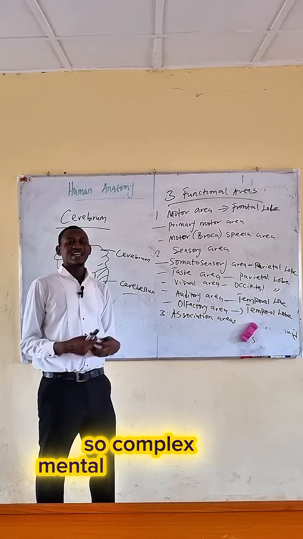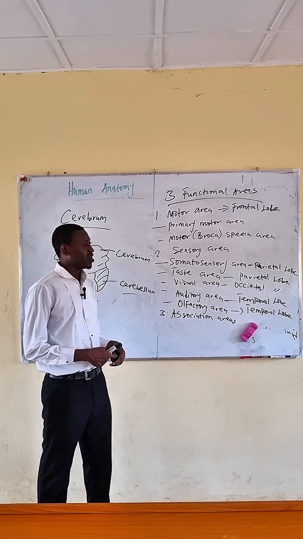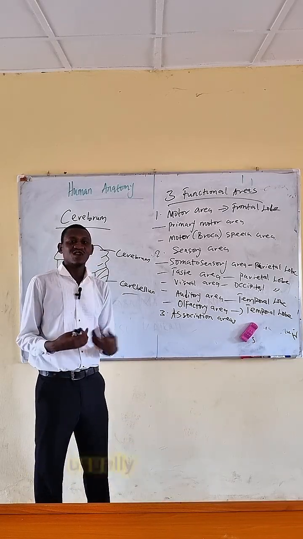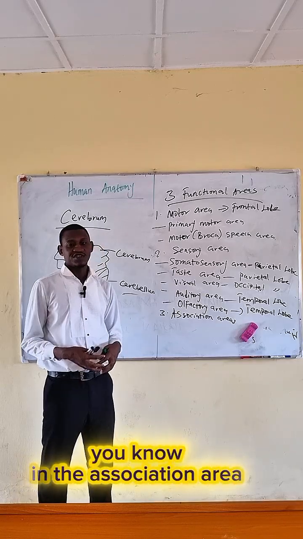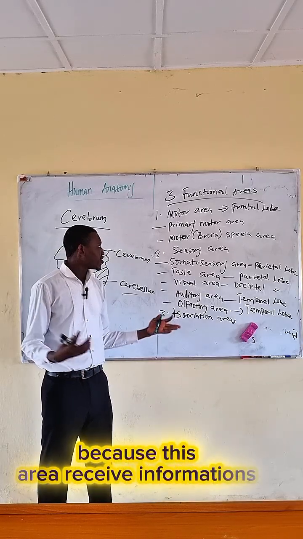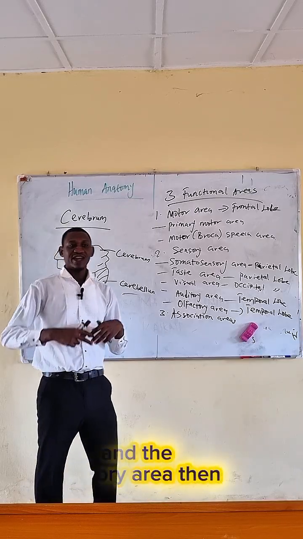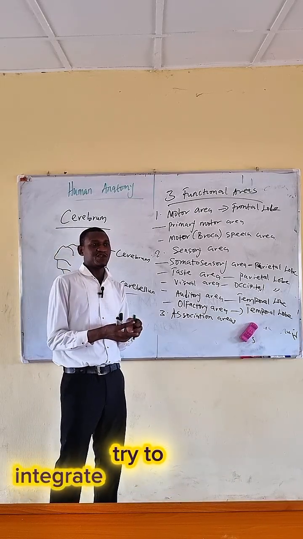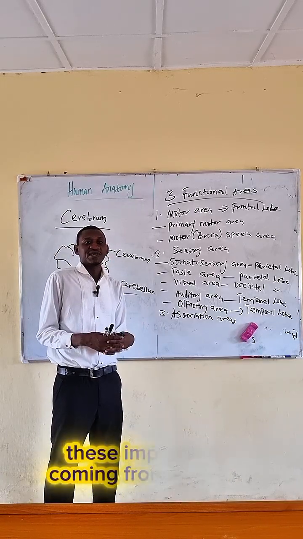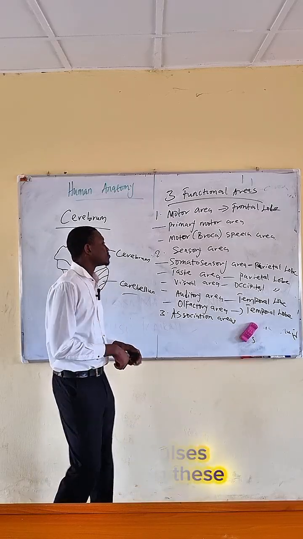So complex mental activities like reasoning, judgment, self-control are usually controlled in the association area, because this area receives information from the motor and the sensory area, then tries to integrate this information to make meaning out of these impulses coming from these two areas.